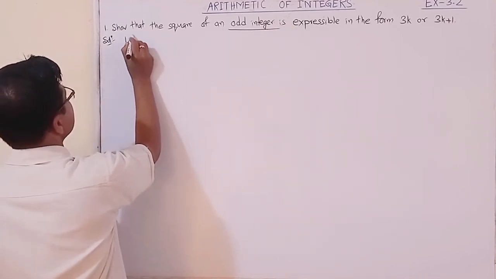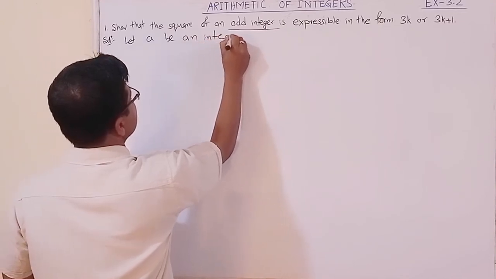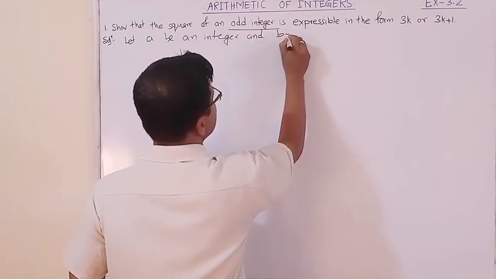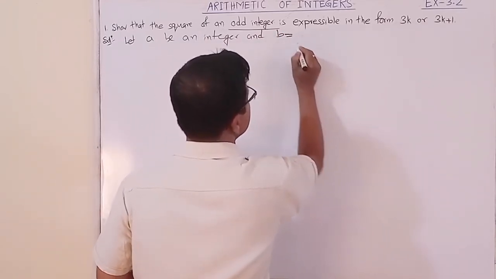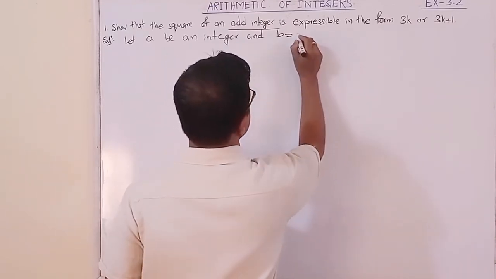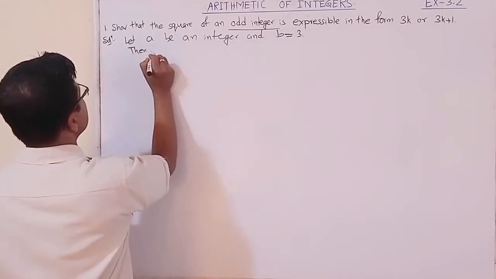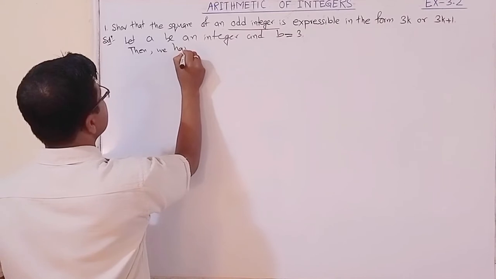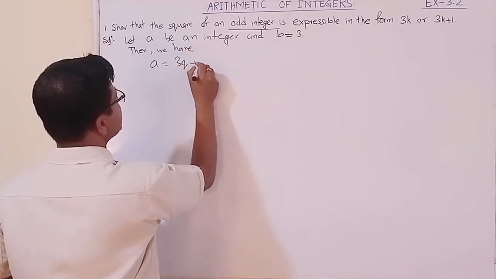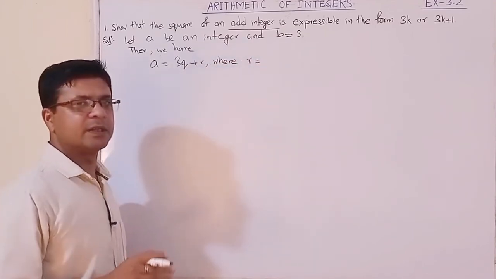So let a be an integer and suppose b be another integer. What do we have to consider b equal to? You know it from general maths already. b equal to 3. Then we have a equal to bq plus r, that is 3q plus r, where r is equal to, what are the possible values of r?